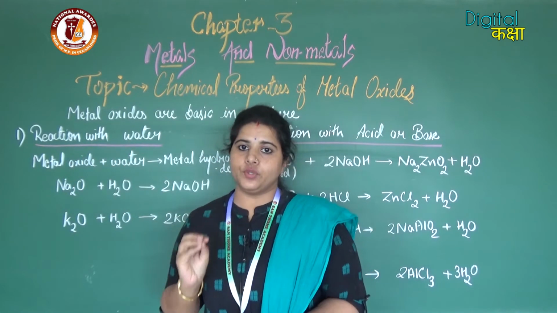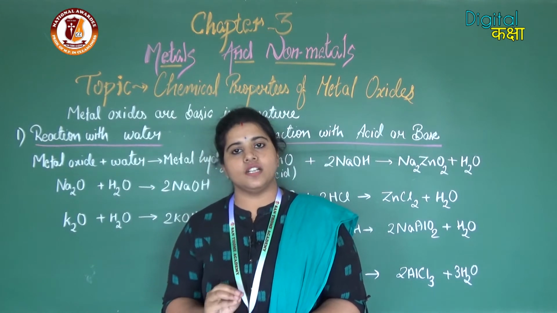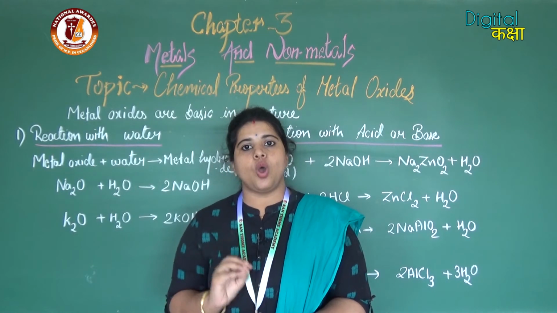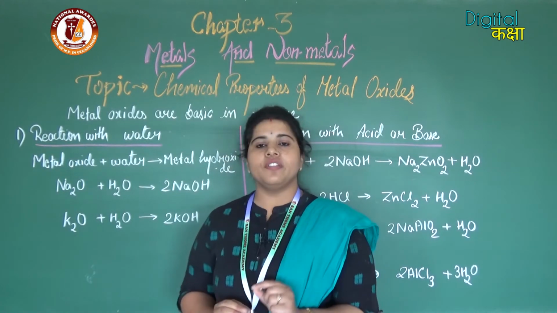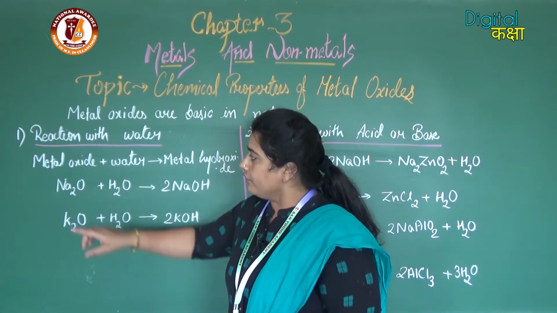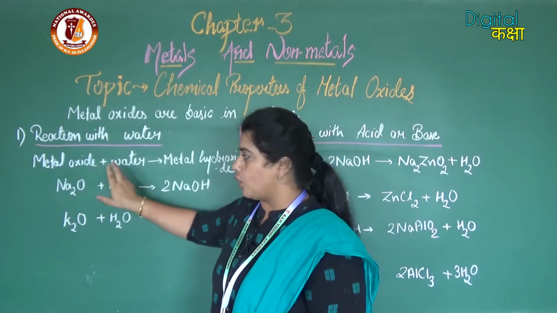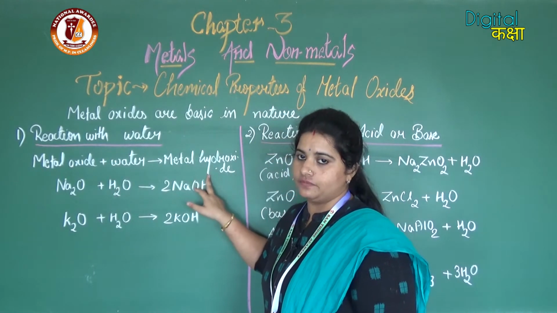Now, I have told previously that all bases are not alkali, that means all bases cannot dissolve in water. So, there are very few metal oxides which dissolve in water. If a metal oxide is dissolved in water, it forms metal hydroxide.